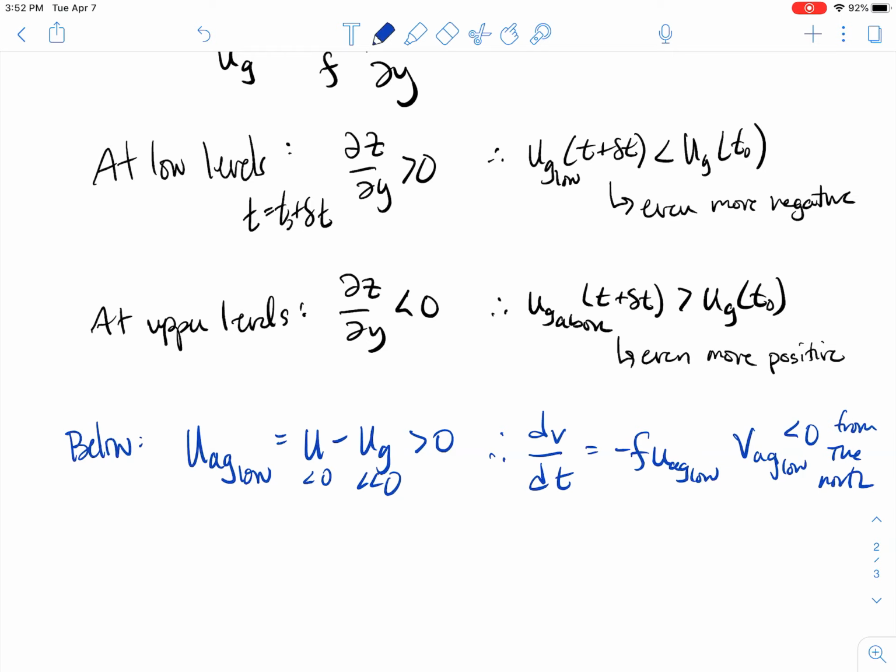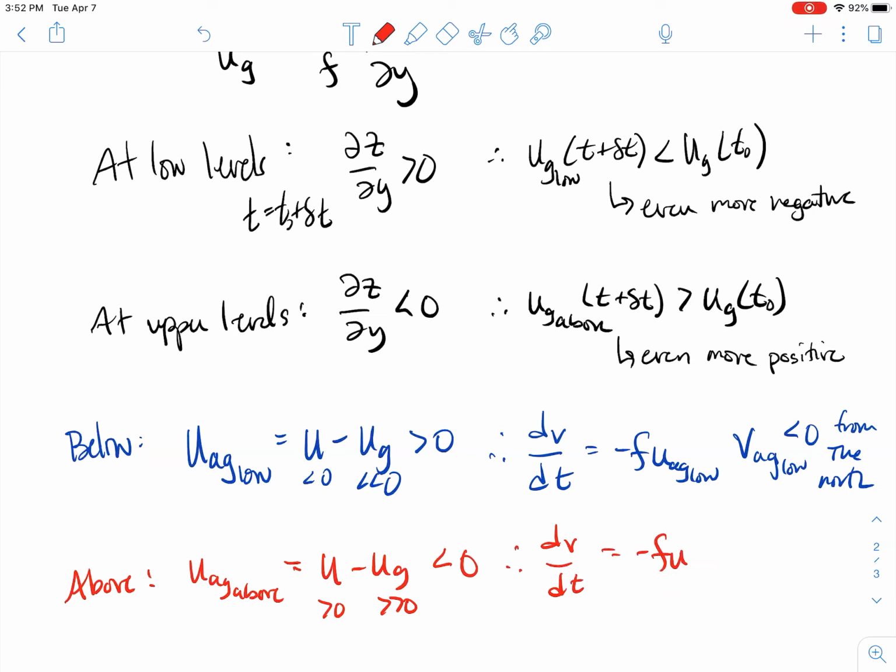And above, we are going to get a UAG above equaling U minus UG, which in this case is going to be greater than 0, and then much, much greater than 0 at our new time, so that it's going to be less than 0, such that our dV/dt equaling minus f UAG above is going to lead to our VAG above to be greater than 0, or from the south.